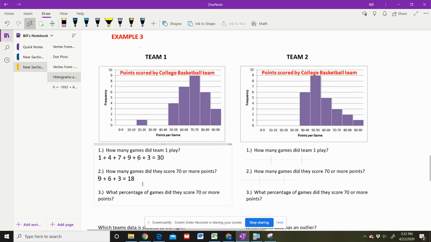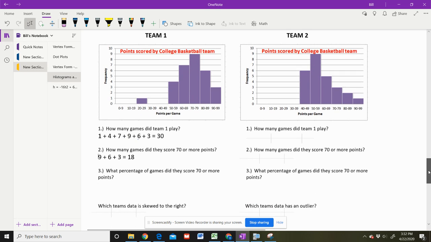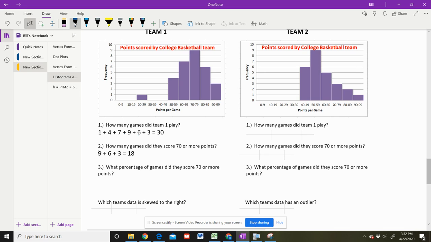And then what percentage of games did they score 70 or more points? So again, when we're doing a percent, we're going to take the number of games that they scored 70 or more points. We found that out to be 18, divided by our total number of games.